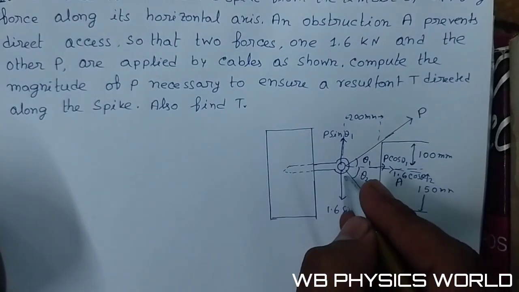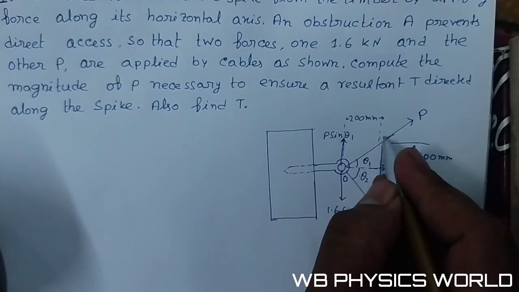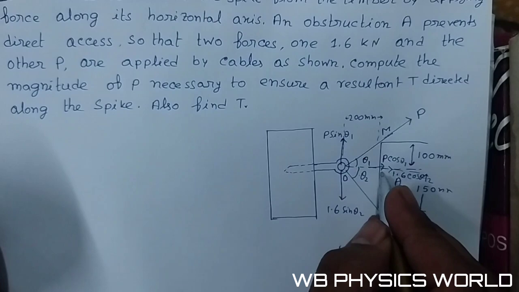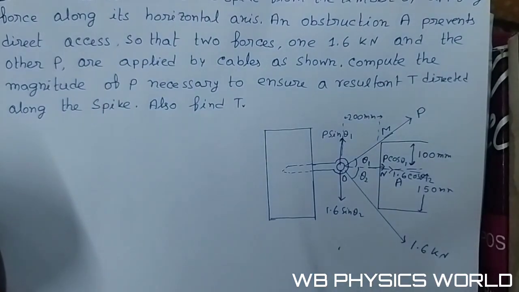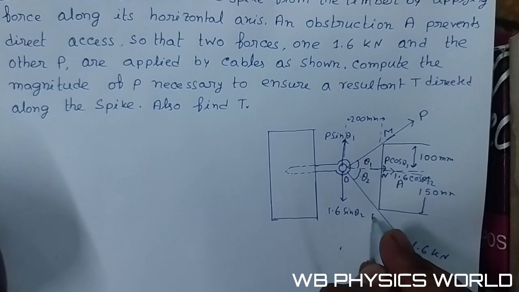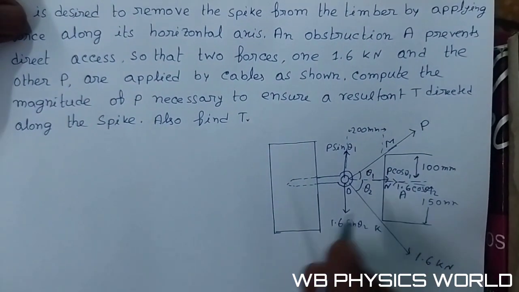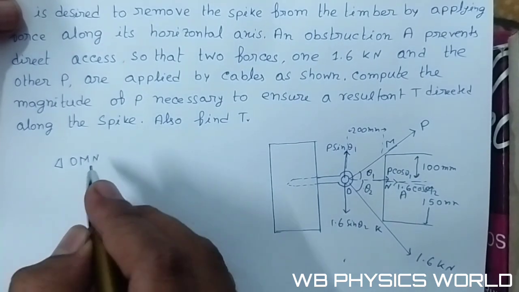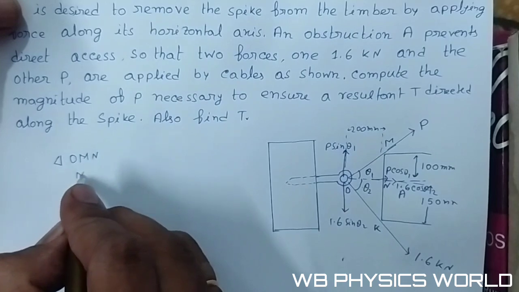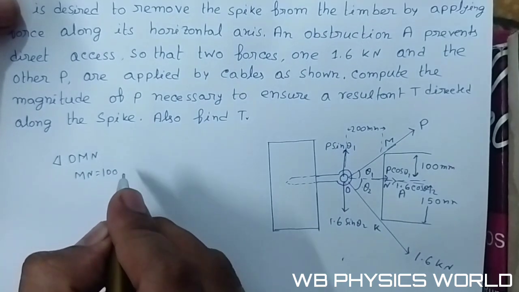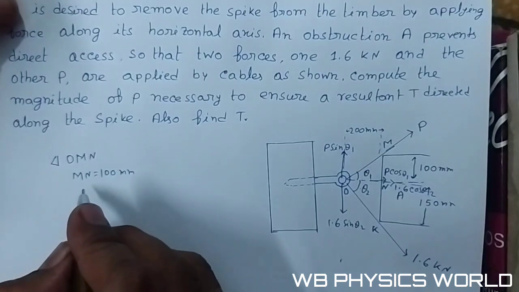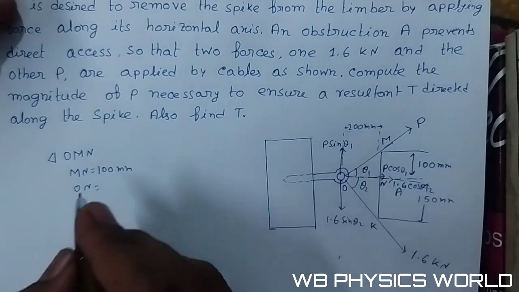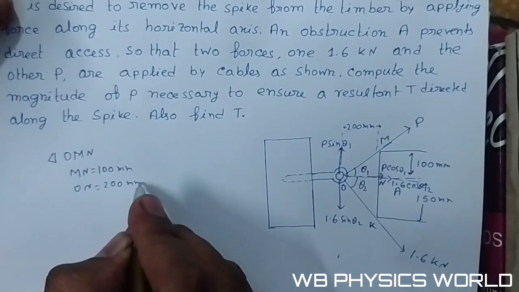Now let's say this point is O and this point is M, N, and this is, let's say, K. Now from the triangle OMN, MN is equal to 100 millimeter, and here ON is 200 millimeter.